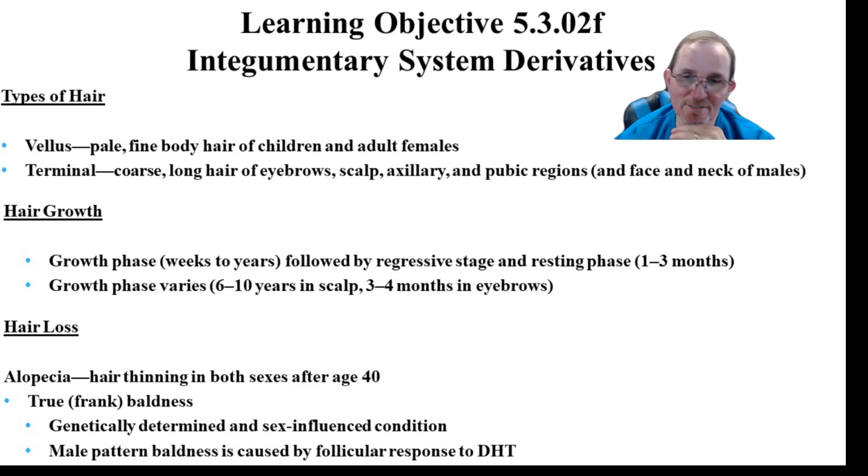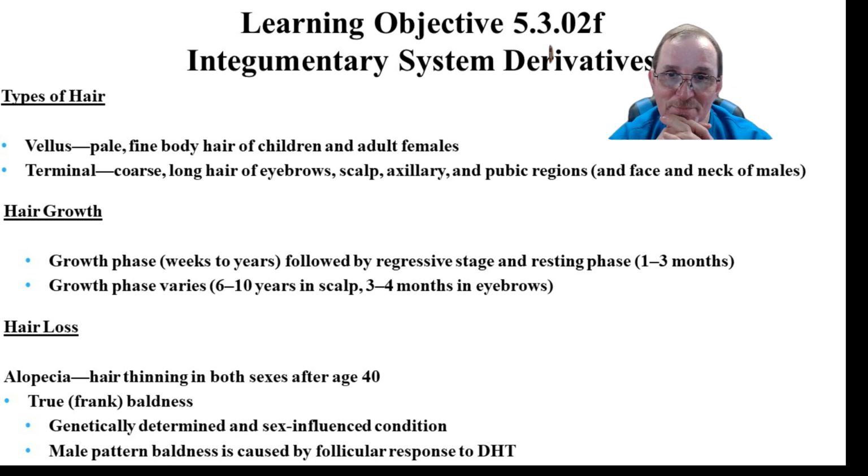Hair loss, there's a lot of things that cause hair loss. Alopecia is hair thinning. Now this happens in both males and females after the age of 40. A lot of females it's not really significant, but sometimes it can be. True frank baldness, which is basically the complete loss, not just thinning, can be determined especially in male pattern baldness by follicular response to DHT.